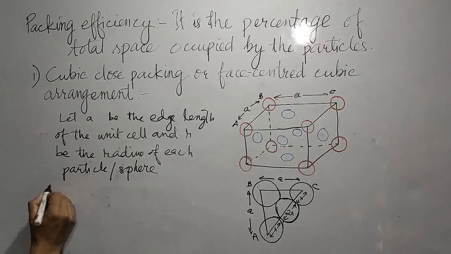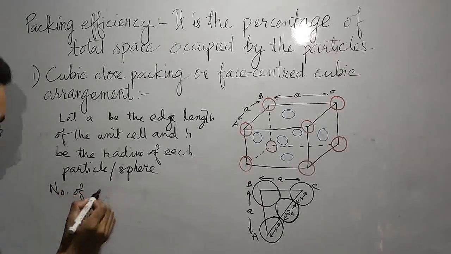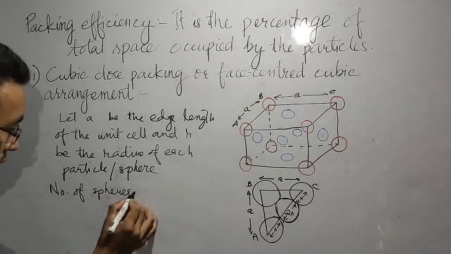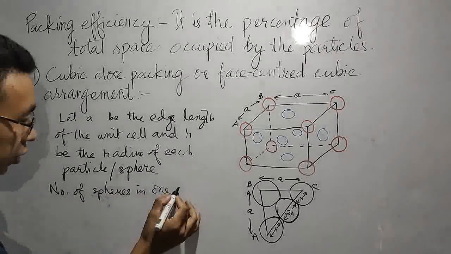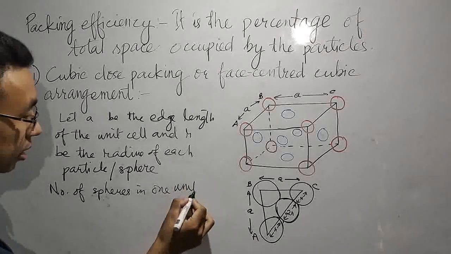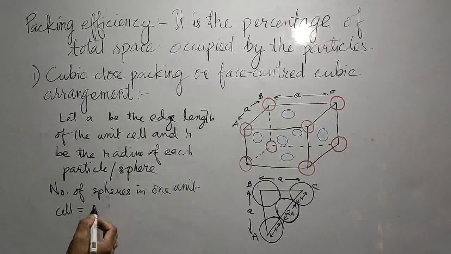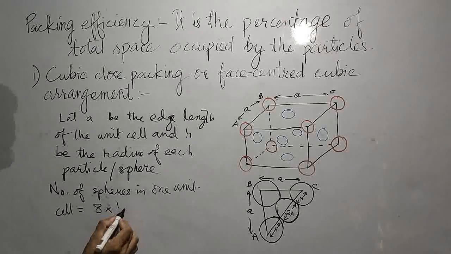So the number of spheres in one unit cell is equal to 8 into 1 by 8.